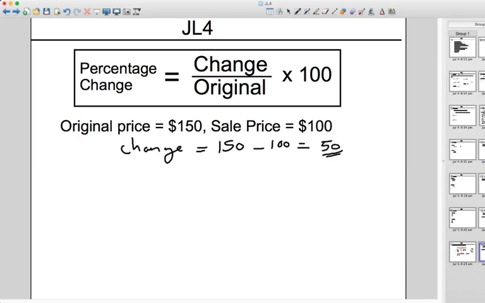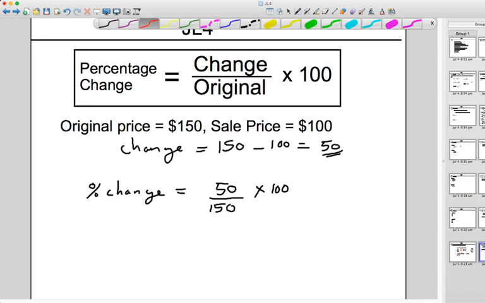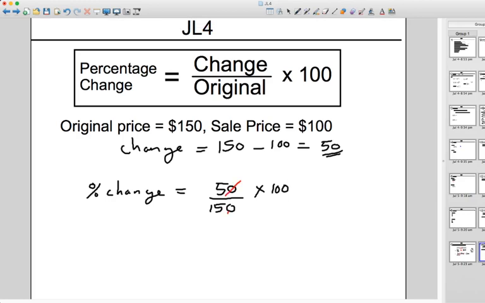So the percentage change is 50 over 150 multiplied by 100. What cancels? Well, there's a 0 there that will cancel with that. This will give me 500 over 15.